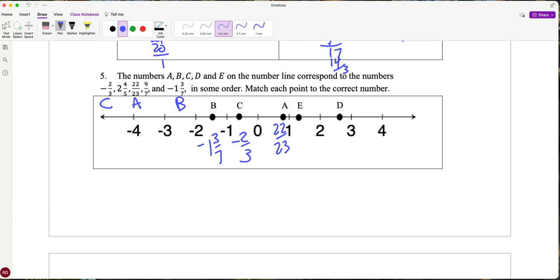The only number between 1 and 2 is going to be 9/7. So that's going to be E. And then 2 and 4/5 is going to be D.